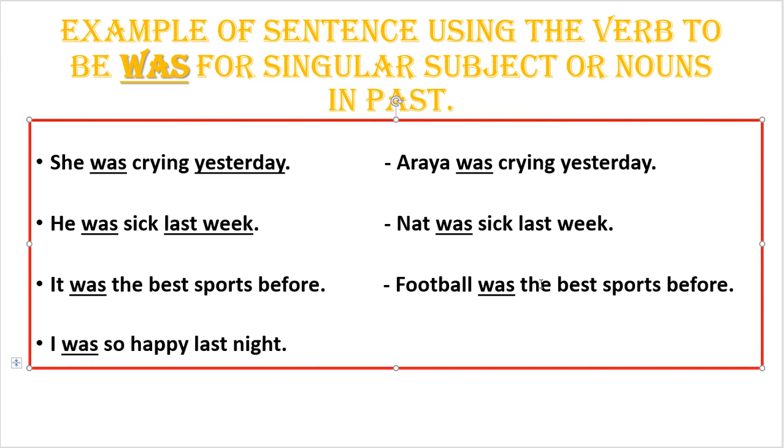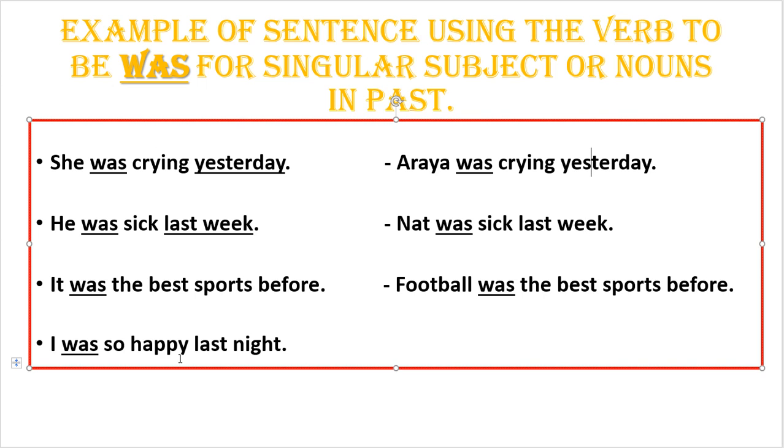This one here, before, describes that the best sports before. So was describes this, the sports. Football was the best sports before. So was again because this is a past. Past already. So before, last week, yesterday are all past.